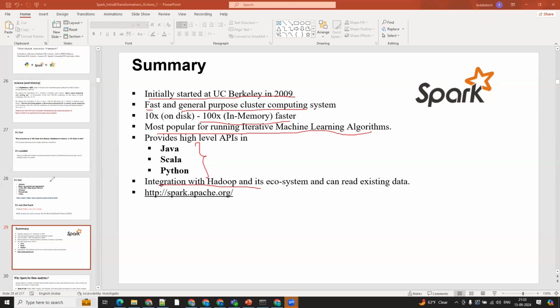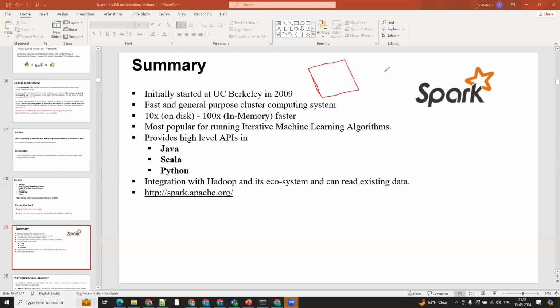If it has these many advantages, then what is the point of still using MapReduce programming in the companies? Obviously, they don't use it. As soon as Spark came into the market, MapReduce programming completely faded away from the market.